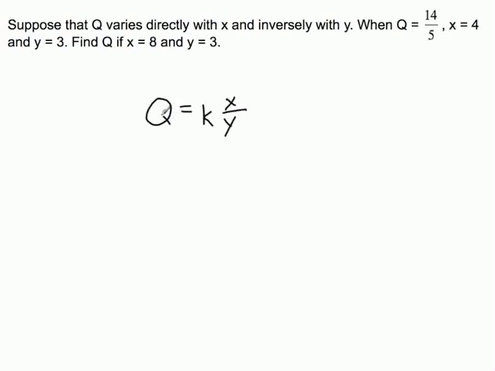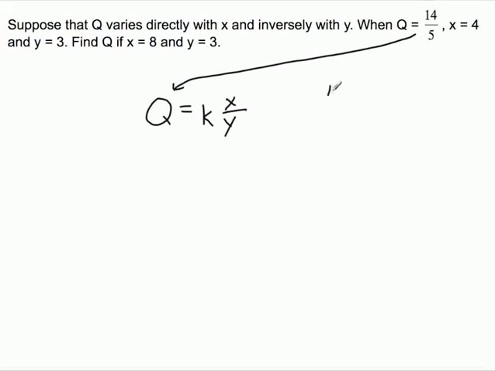Now, the first thing it asks is find the constant of proportionality, or in other words, k. So we need to find what k is, and by doing that, we need to plug in all these values, just these ones right here. So this is q, so 14, this guy's going to go into here.